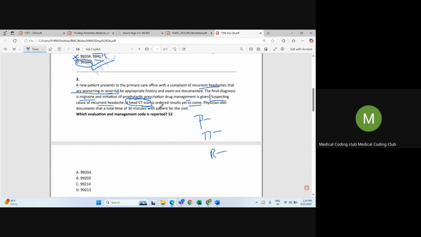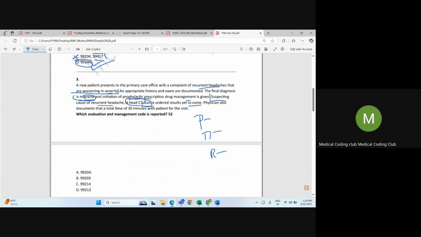If the CT scan was ordered earlier and then they gave the final diagnosis as migraine, you would take the problem addressed level as low. But here they concluded migraine initially, are suspecting something further, and then order the CT. As the results are pending, we should always go with an undiagnosed problem. That is important.